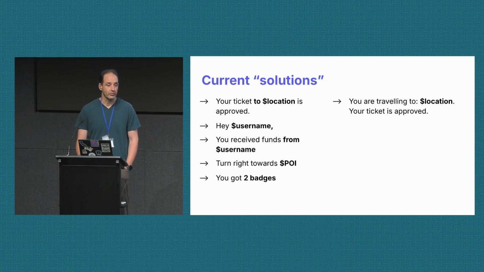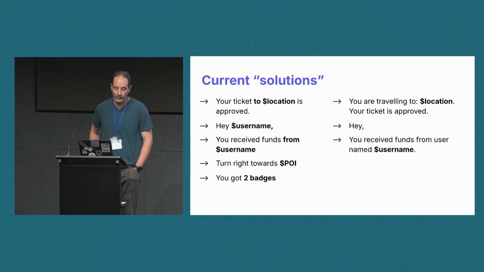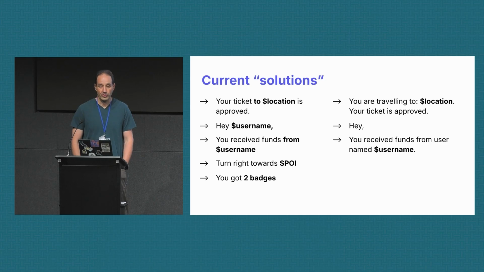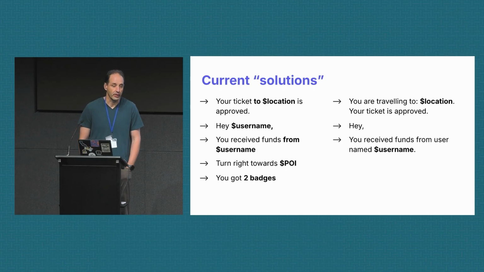Hey username, so personalization. We just remove the username and say hey. So it's less personal, but it works. You received funds from somebody. You received funds from user named Mark. Yeah, it works. Removes again the need for casing, but it's not really a fluent native language sentence, right?